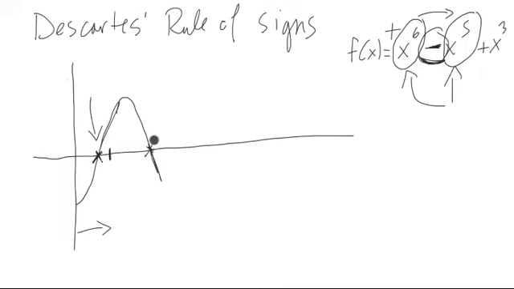So there might be another place where it takes over. And so you get these various different options of things that could potentially be happening, at least at the positive zeros or positive solutions if you set this equal to 0, or positive x-intercepts.